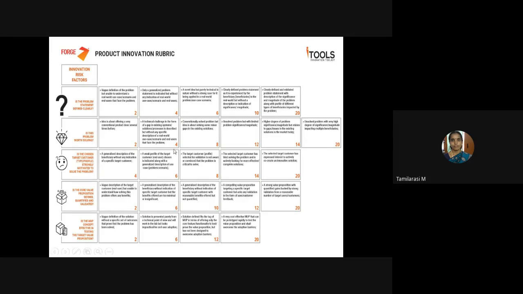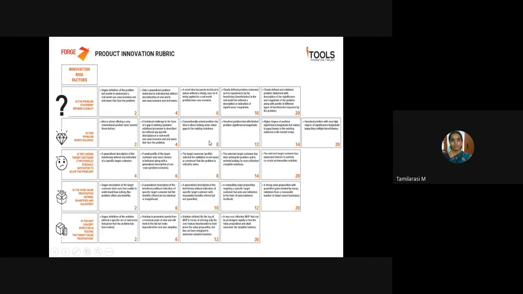So how can this be known? If your idea is a conventional product, which means it is already done, then it scores only 2 points. But if your idea is not done, but there is a technical challenge in implementing it, then your product will get 4 points.